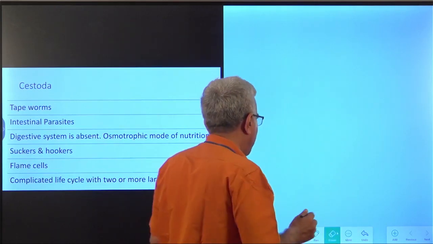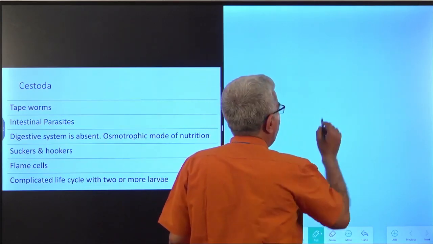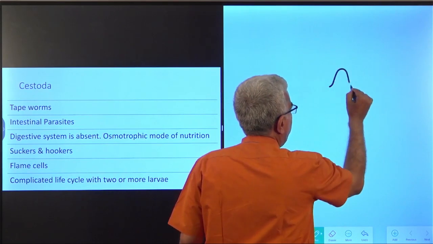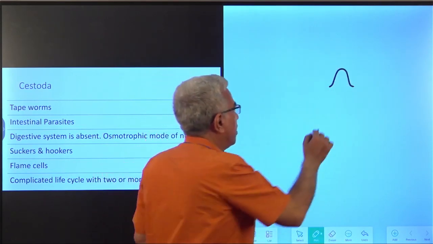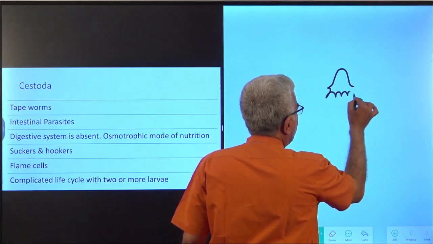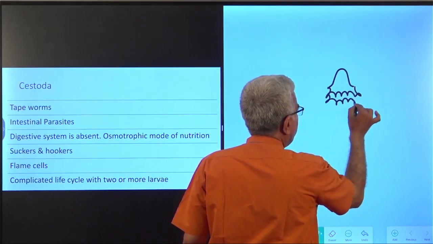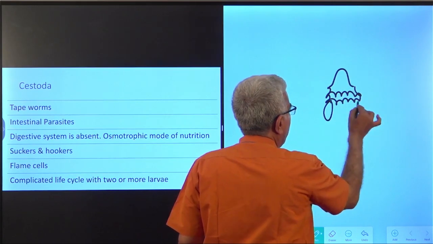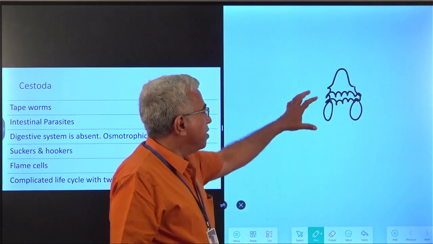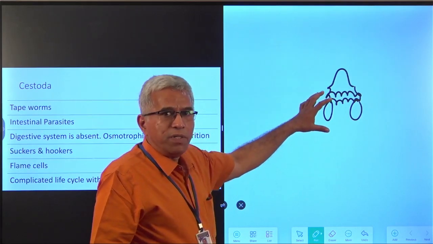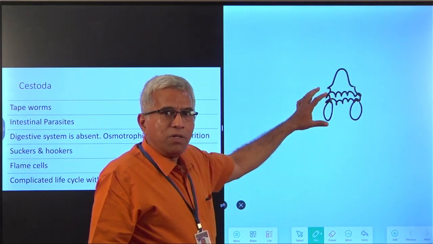And here I can draw the diagram for your understanding. And there will be one structure like this. This is called the scolex, and this includes hooks and suckers. This anterior part, which is of the size of a pinhead, is called the scolex.